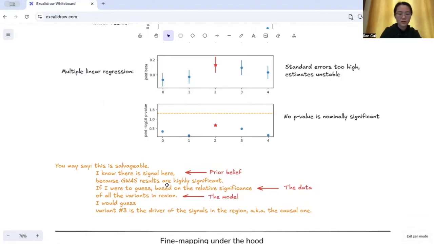You must look at all the variants in the region, and the model needs to include all of them. And finally, you're guessing, which is good, but more rigorously, we would call this inference. So what we have constructed here are basically all the ingredients for Bayesian fine mapping.